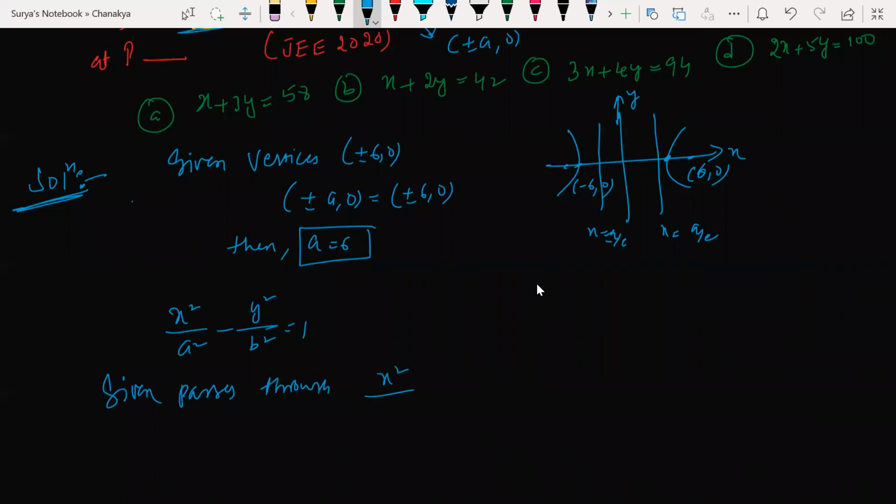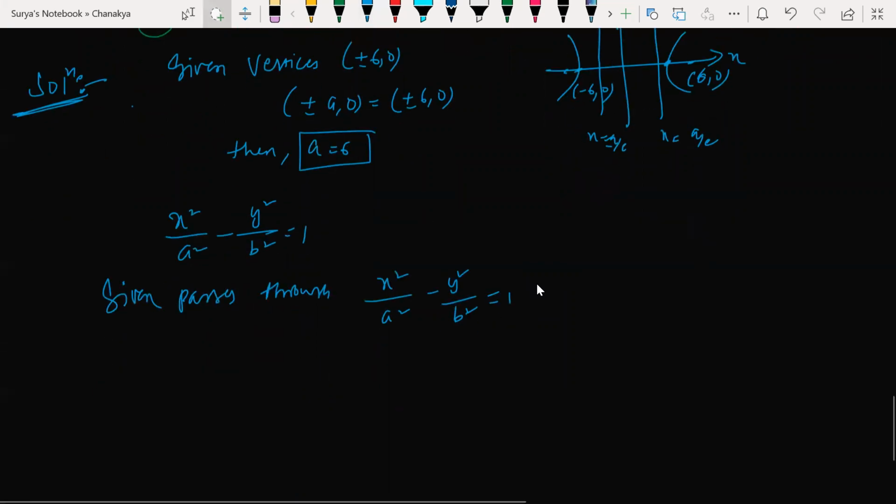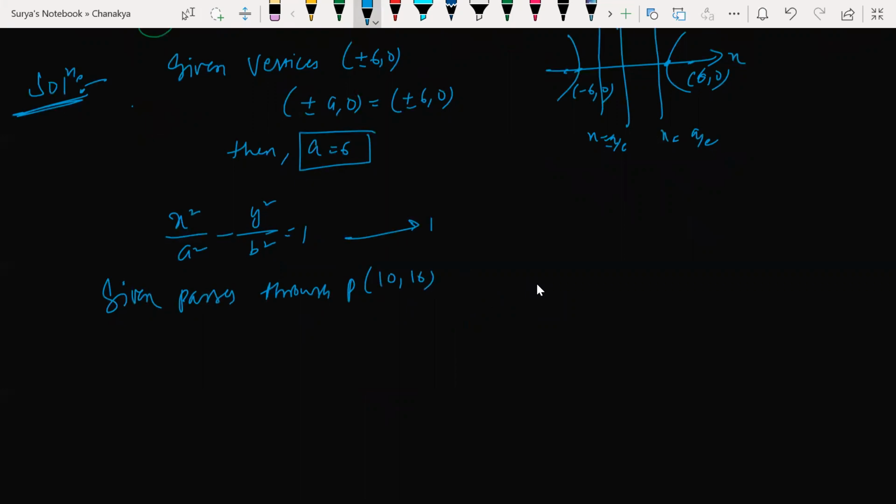Guys, you need not write all these stuff. For your understanding purpose, मुझे ये लिखना पड़ रहा है, ठीक है? Passes through the point P (10, 16). So substitute करो इधर, equation number 1 ले लिया मैंने.